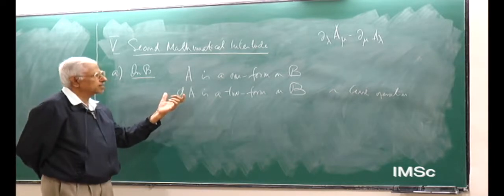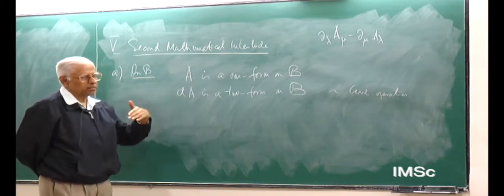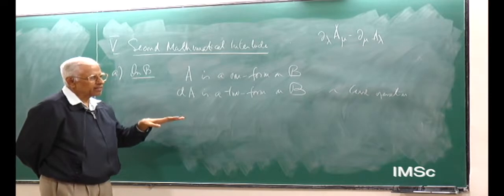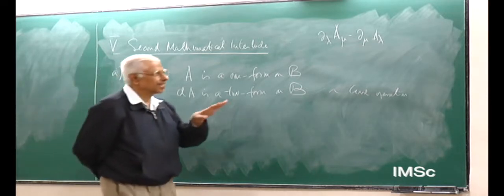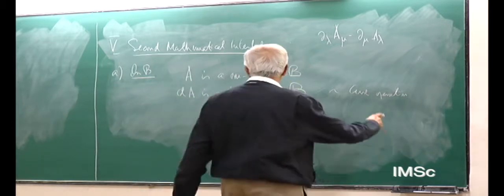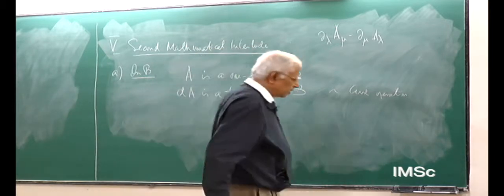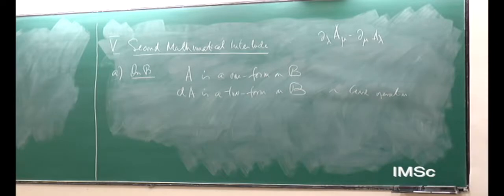Exterior differentiation means take the partial derivative and antisymmetrize everything inside. That is what it involves. So dA is a two form. It is the result of doing this antisymmetric differentiation or the curl operation.